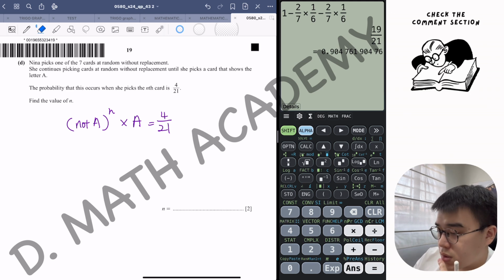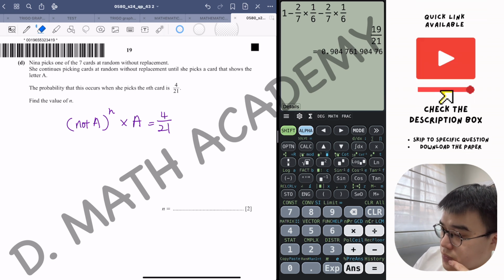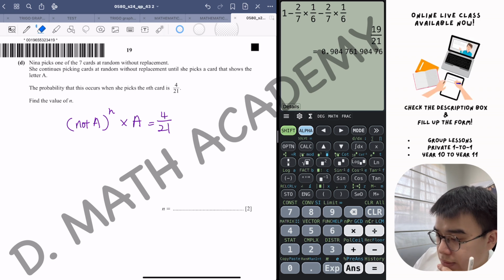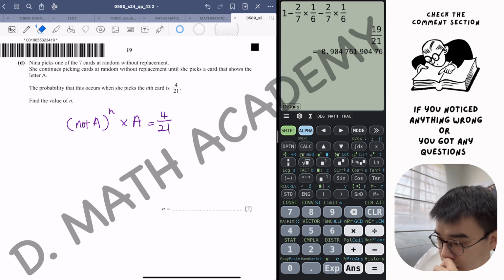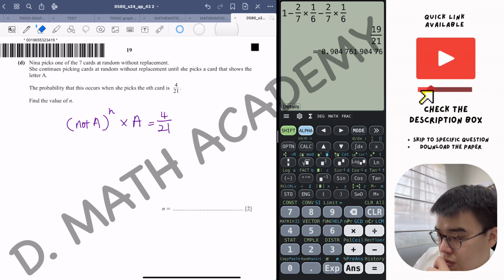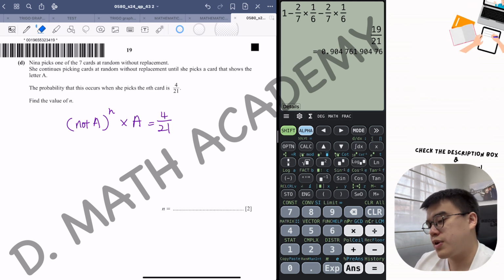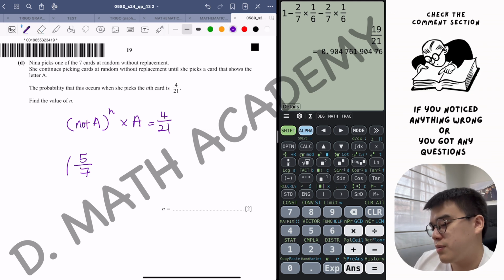Okay, so when it comes to forming the equation, it will be without replacement until she picks a card that shows A. So 7 cards without replacement. Not A, there's 5/7 of them.